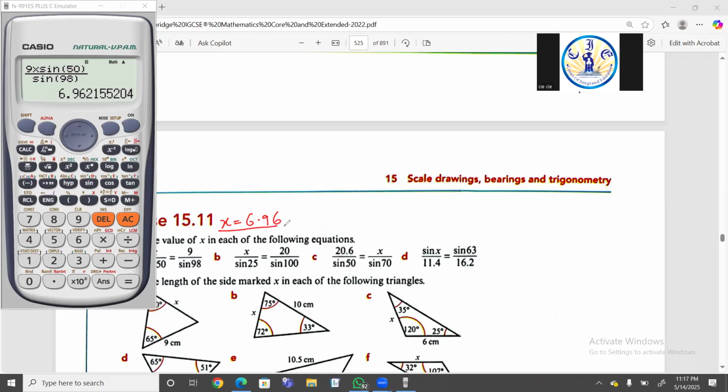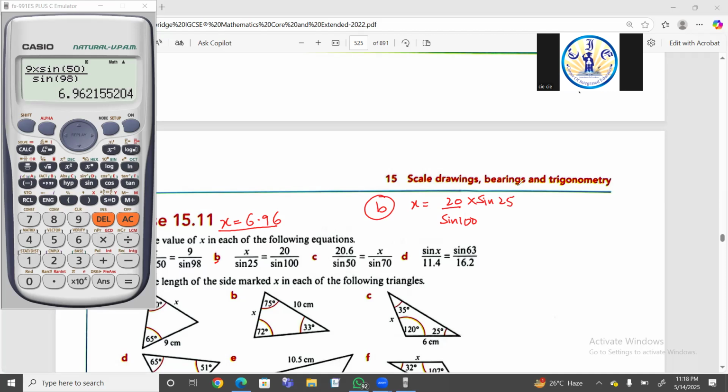That is the value of the variable x for part A. In the same way, we can do part B, that x is 20 divided by sine 100 times sine 25.